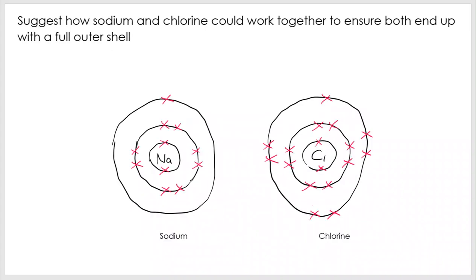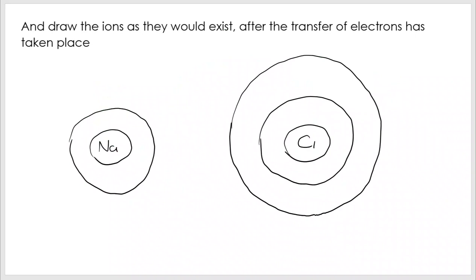Now have a think about this question. We know here sodium wants to lose 1 electron and chlorine wants to gain 1 electron. Well, it makes sense that the sodium will give one of its electrons to chlorine. Now we need to think about what they will look like after the electron transfer has taken place.